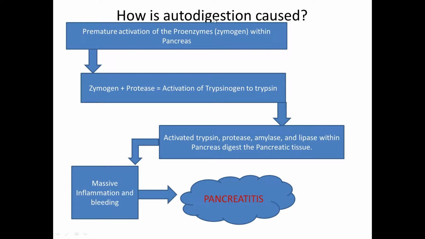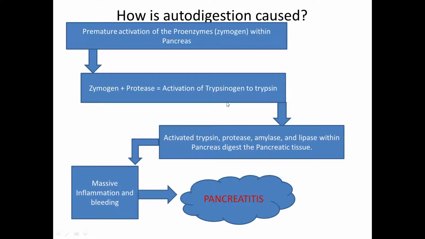So let's talk about autodigestion and how it is caused. When there is a premature activation of the proenzyme within the pancreas, the zymogen, which is a proenzyme, comes in contact with an activator.